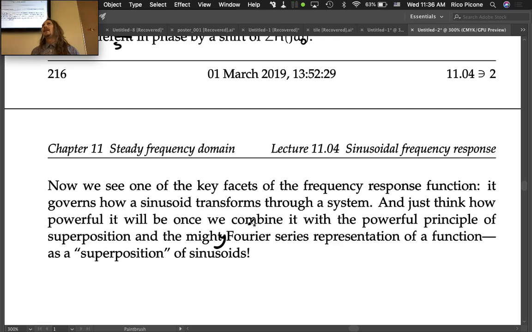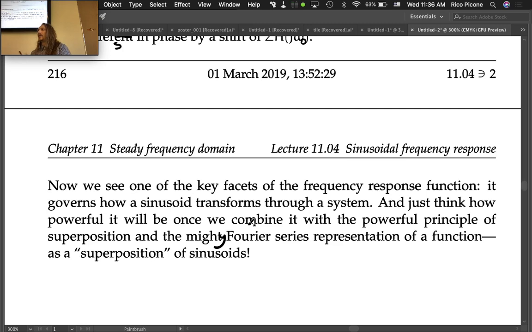If you know how a sinusoid at a given frequency transforms through the frequency response function, and the input of another sinusoid at another frequency transforms once again by the frequency response function at that frequency, then this frequency response function concept doesn't just apply to single sinusoids, but also to any function that's composed of a bunch of sinusoids, which, as we've discovered, we can find a Fourier series or Fourier transform representation for pretty much most functions.